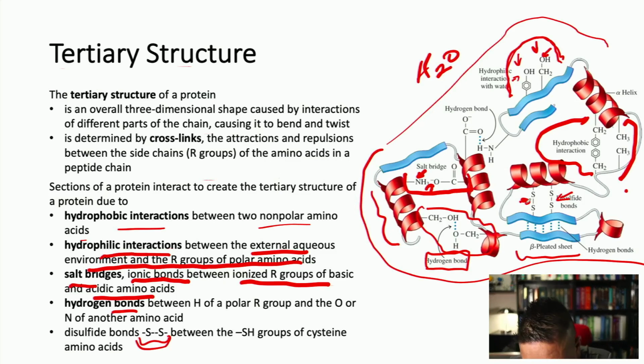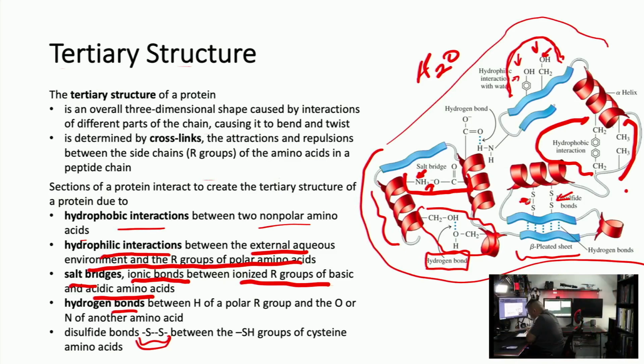Same thing with the salt bridge. I accidentally marked out the plus sign on that nitrogen right there, but it's a nitrogen plus ammonium group.